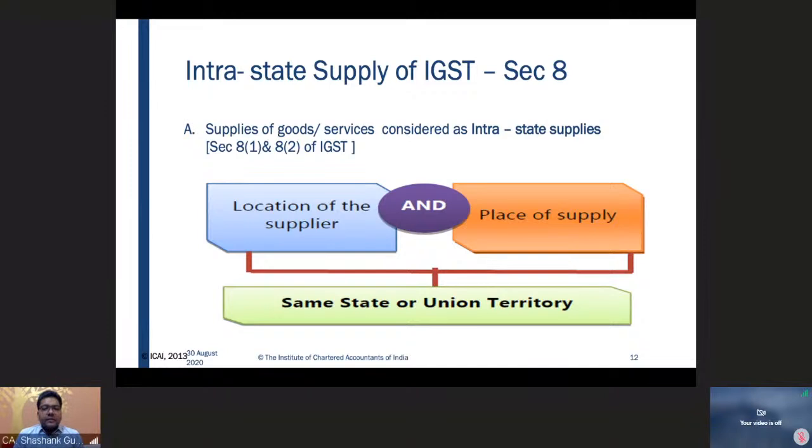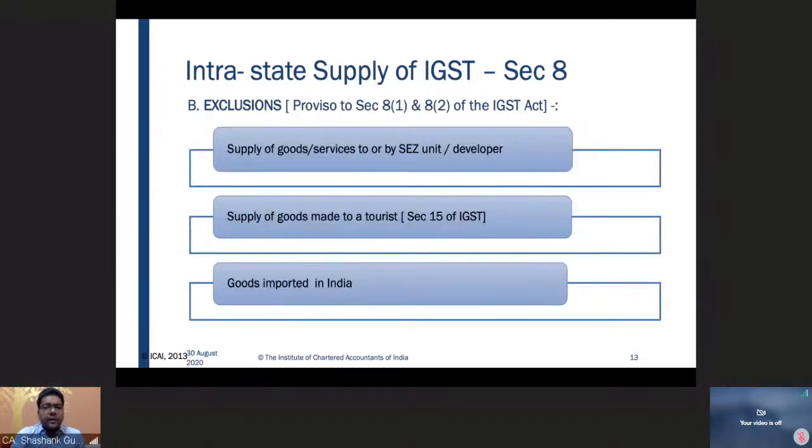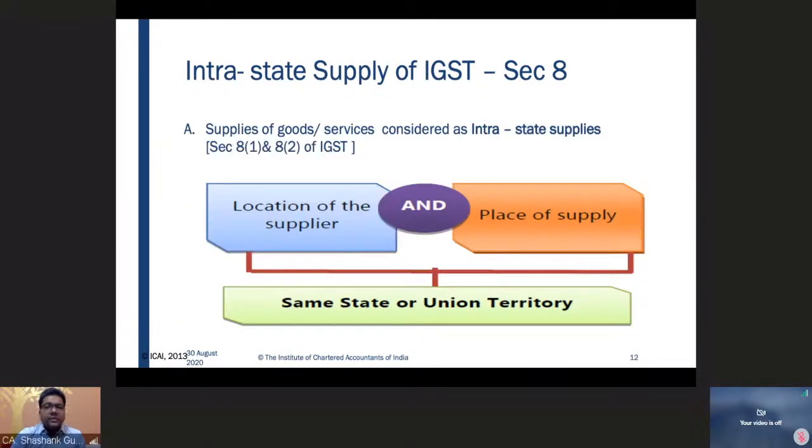Now we move on to discuss intrastate supplies. And intrastate supplies, it says, where the location of the supplier and place of supply are in the same state or union territory, then that will be treated as an intrastate supply, and such intrastate supplies could be liable to CGST plus SGST.